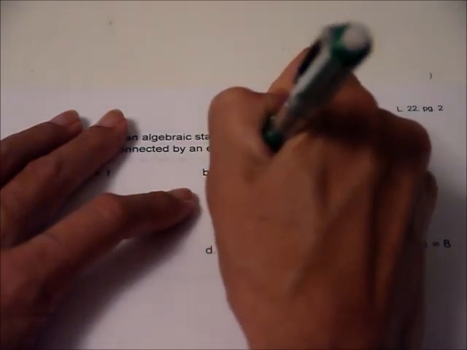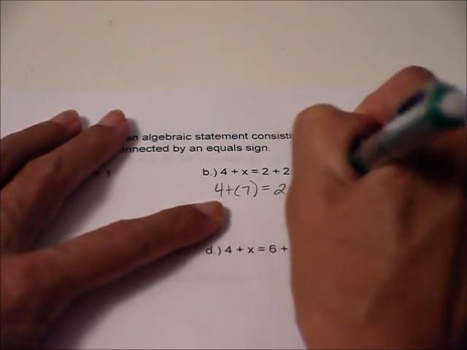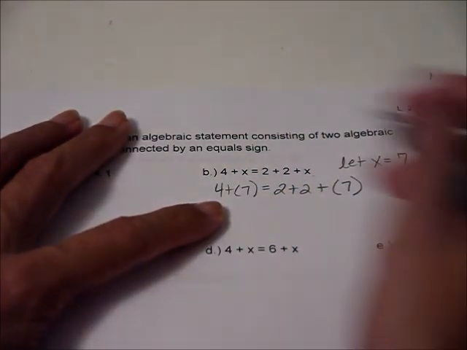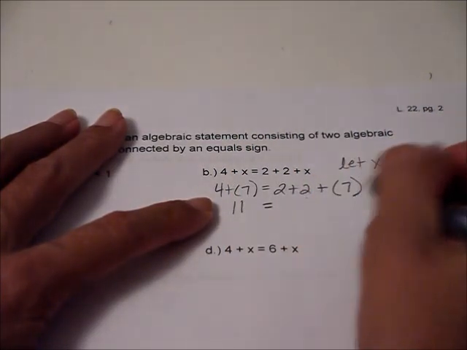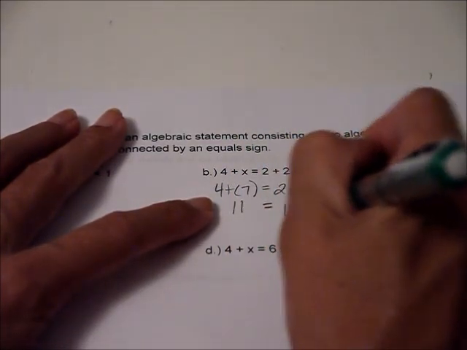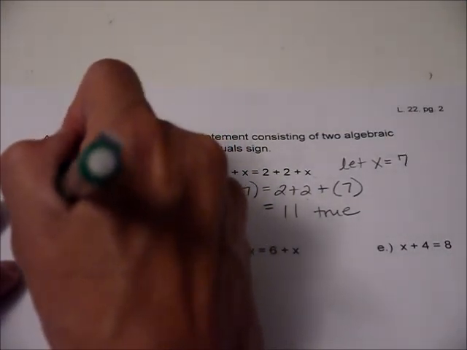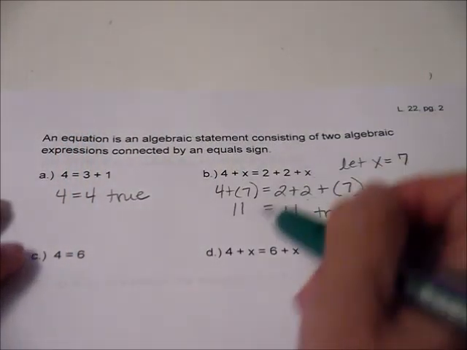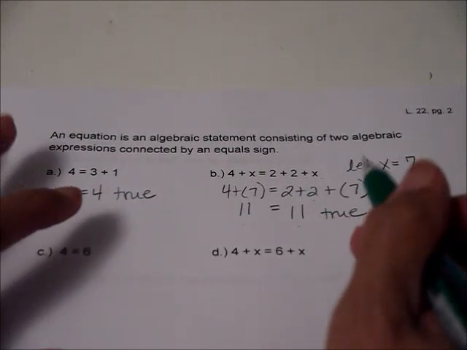That would be 4 plus, remember I do parentheses where there's a letter, 7. And let's check it out. That would be 11. And 2 plus 2 plus 7 is 11. So it's true. Okay, and we would prove this by going true. Once you get down to one side equals the other, we can say true.